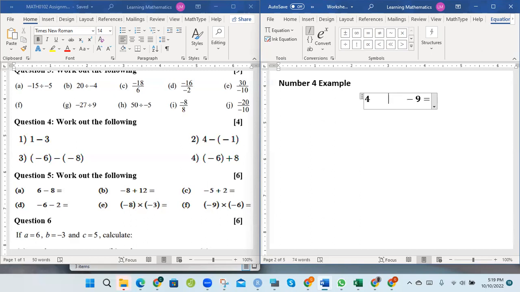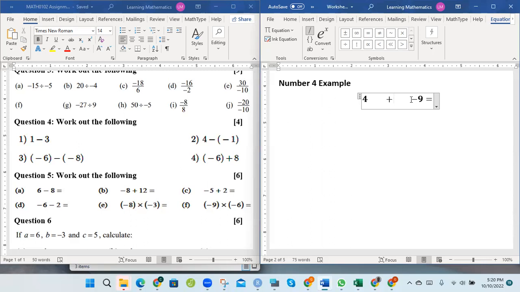And what do you say? This is a 4 and a negative 9. And this "and" can be replaced with a plus sign. Whenever you see a gap between two things, you are saying "and", and in arithmetic that is plus. So that's a 4 plus a negative 9.